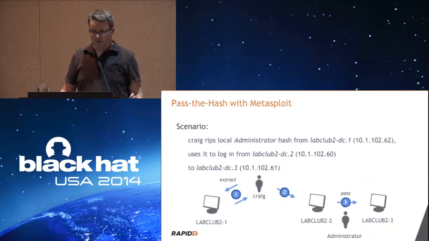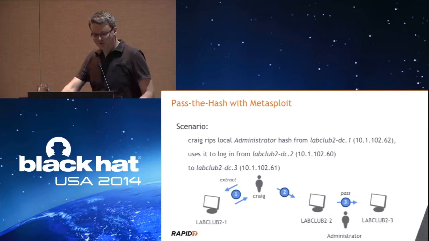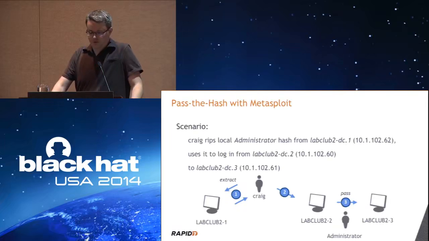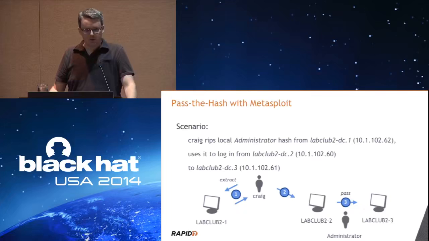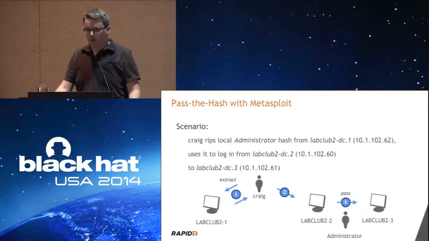All right, now the interesting one. We're going to talk about a scenario where we're going to execute a pass-the-hash attack using Metasploit. In this scenario, we have an actor named Craig, and he's going to do a multi-stage attack.